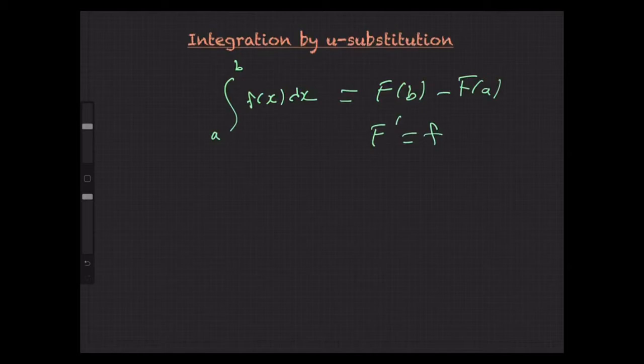The fundamental theorem of calculus shows us that there's this very deep, very important, very useful connection between differentiation and integration that we're going to exploit to actually be able to compute definite integrals.